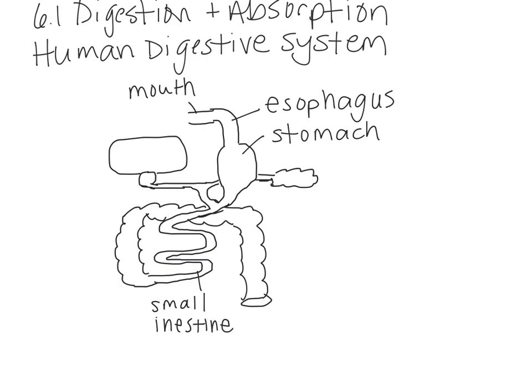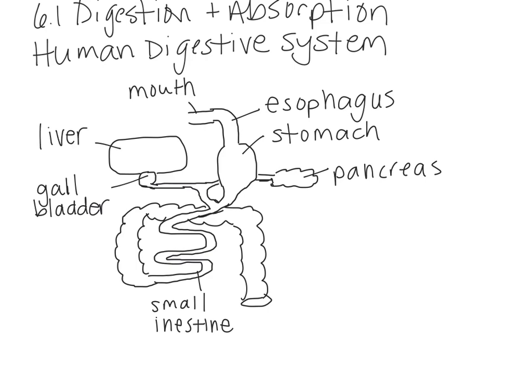Okay, emptying into the small intestine are juices from the pancreas and the gallbladder. The gallbladder secretes bile, which of course is produced by the liver. Okay, and then the small intestine leads into the large intestine and any material exiting the large intestine is going to be egested through the anus.